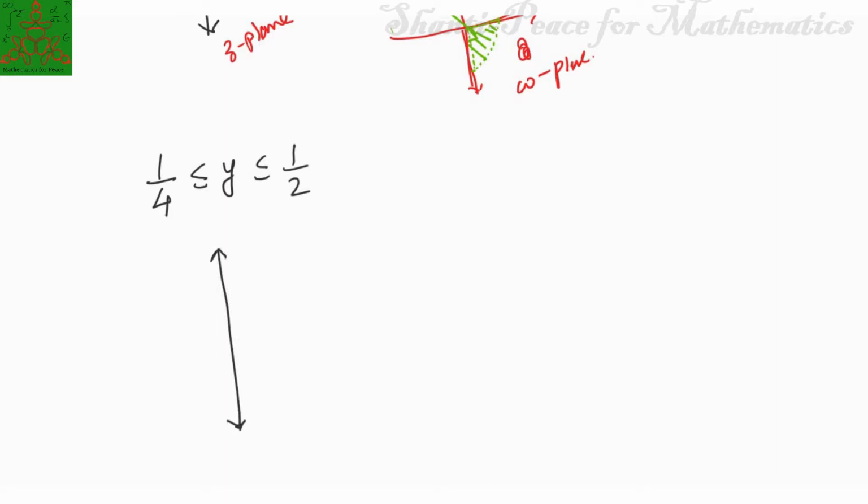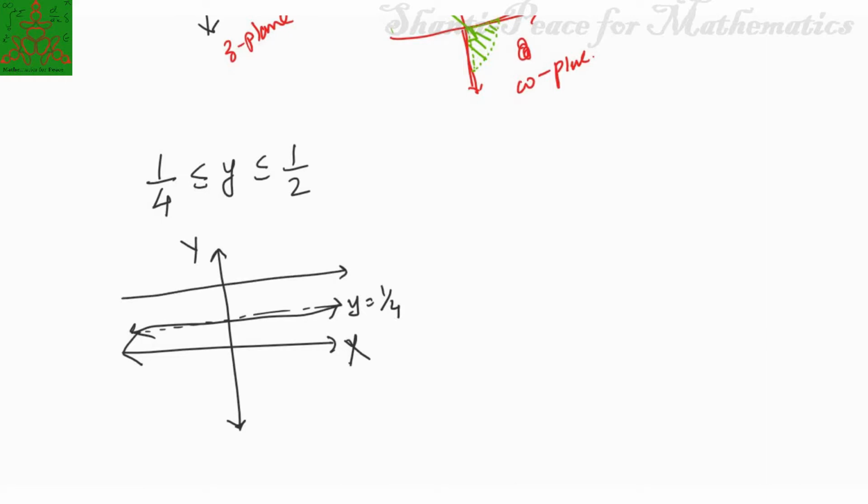So if this is considered your x and y axis in this manner, and y is equal to 1 by 4, that means this is the line you will have, y is equal to 1 by 4, and another line is y is equal to 1 by 2. The area between these two is this.